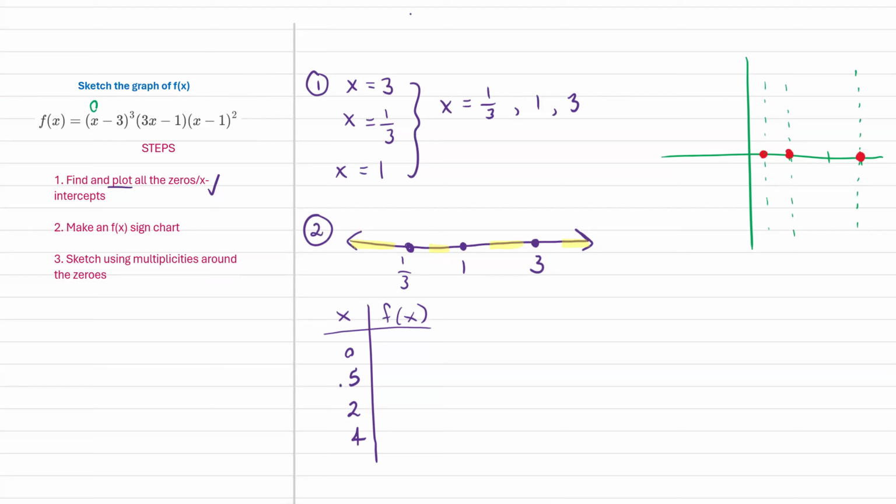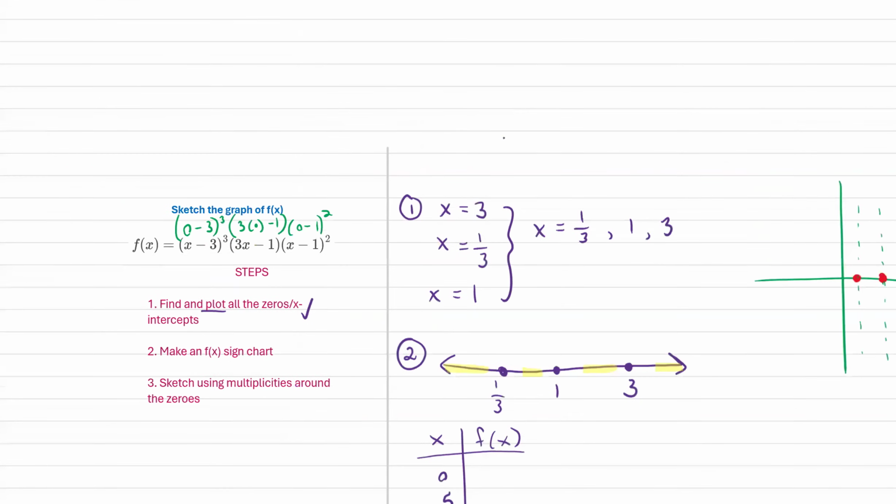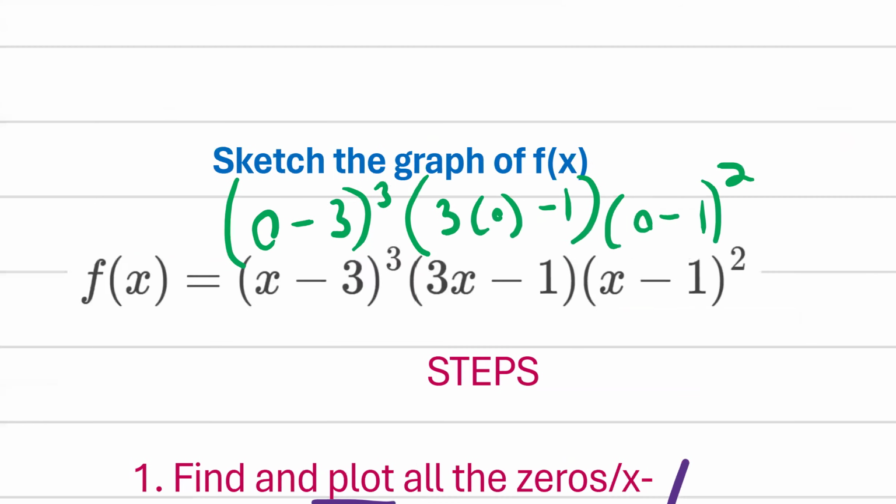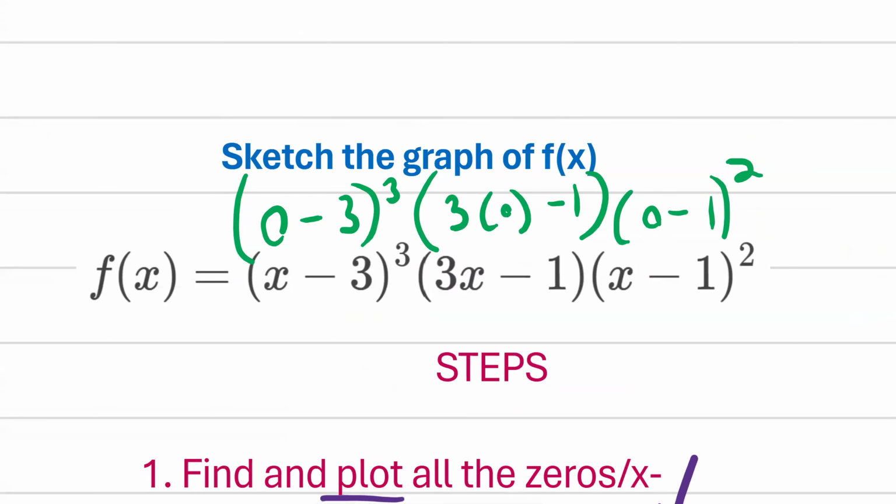You'll start with 0, for example, our first x value to plug in. Oh, and this is to the 3rd power here, and then 0 minus 1 is squared. Zoom in here. Okay, so you notice 0 minus 3 is going to become a negative value. So what I like to do, instead of writing the actual value in the sign chart, we just care about the sign, not the actual value.